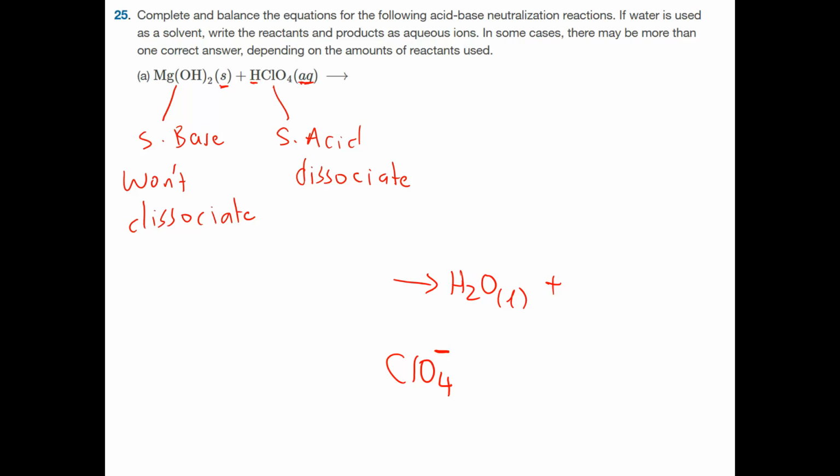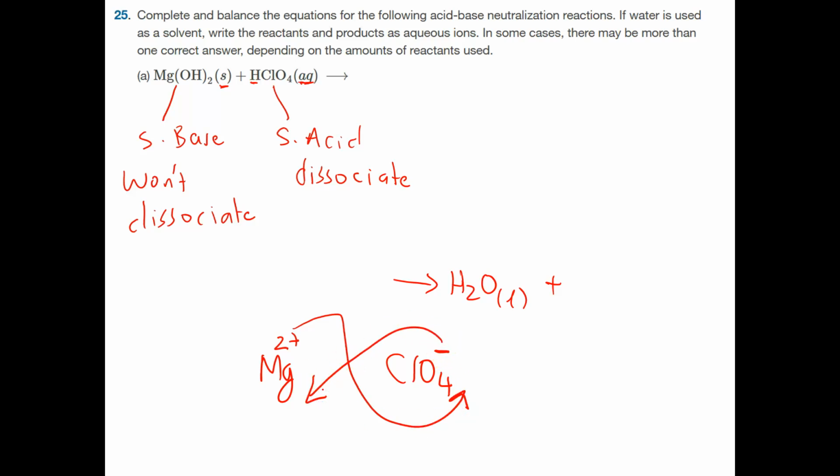Now, if the anion comes from the acid, the cation must come from the base. And our cation is always written first when we write the base. So what's the charge on the magnesium ion? Well, magnesium's in group 2A, so it's 2+. So we can see that these guys don't have equal and opposite charges.